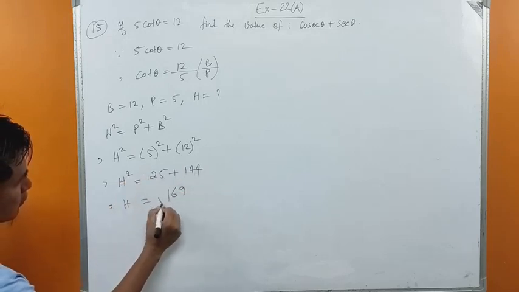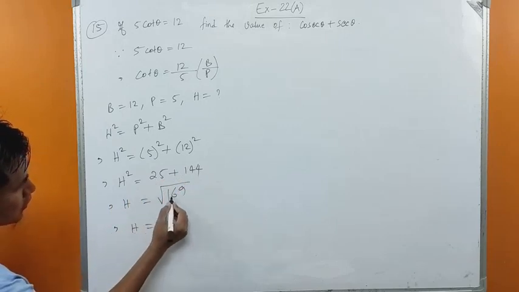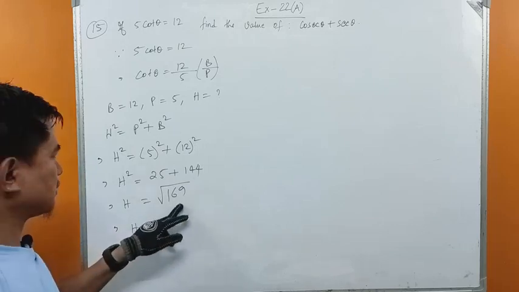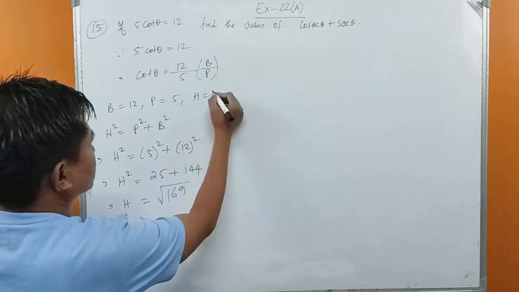This square taken to the right hand side becomes root, or h equals root under 169 means 13, isn't it? 13 squared is 169, so root under 169 means 13. So we found the hypotenuse is 13.